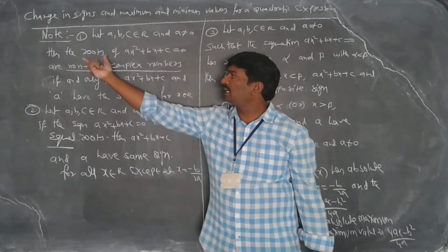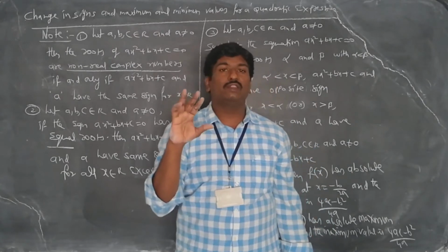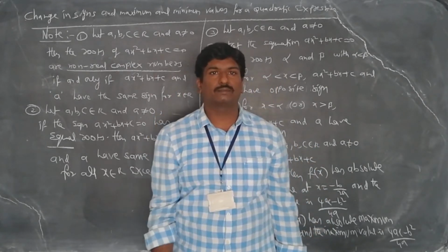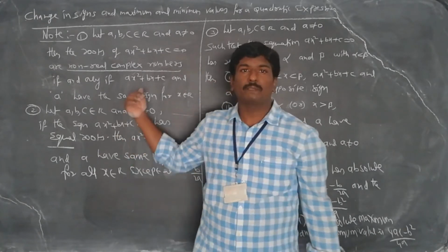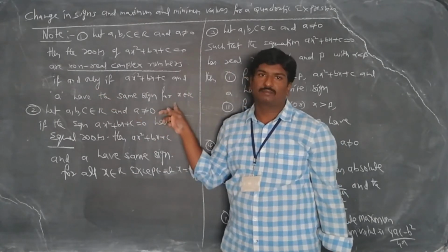So it depends on the nature of the roots. When you have to find the change of the sign, first you have to find the discriminant. When it is less than 0, then what can we say? ax square plus bx plus c and a have the same sign, right?